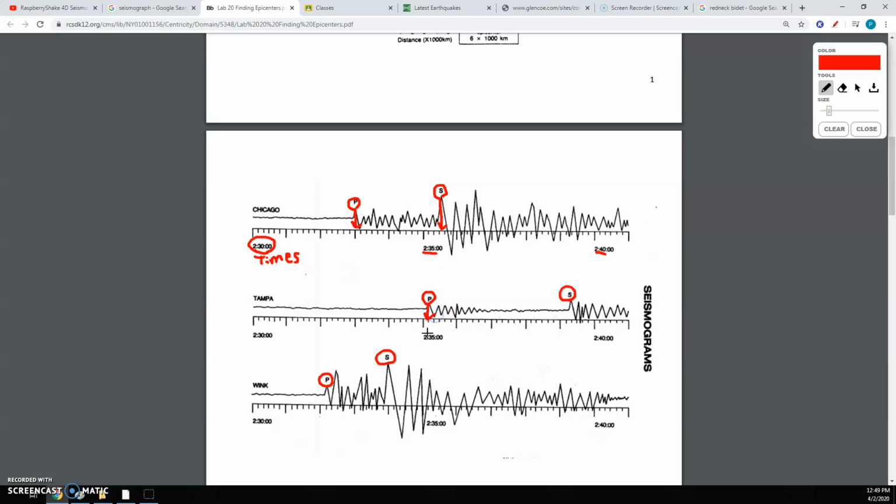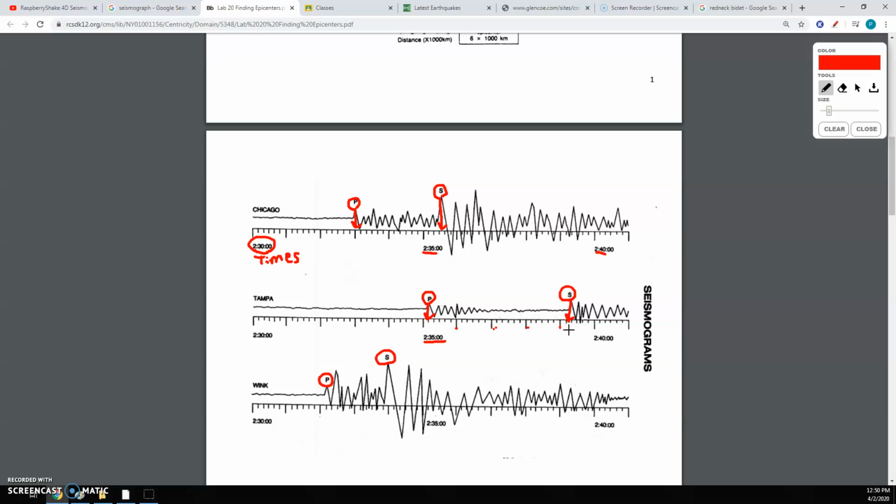This P wave arrived on the bottom example here around 2 hours and 35 minutes, but this S wave over here arrived, let's see, 236, 237, 238, 239. Our S wave arrived much later, at a time of 2 hours and 39 minutes. So several minutes later, our S wave arrived. So the S waves arrive second.